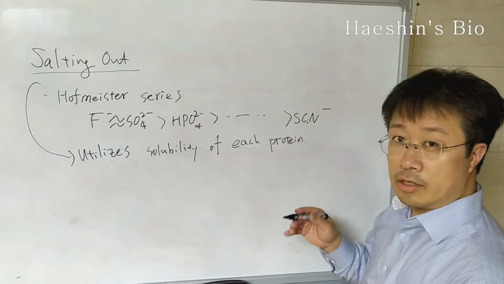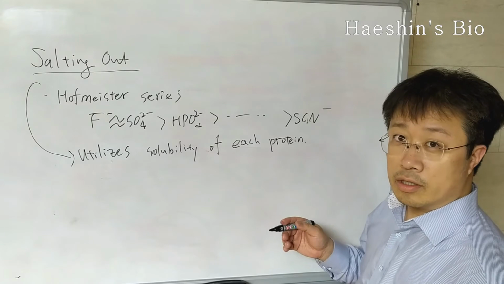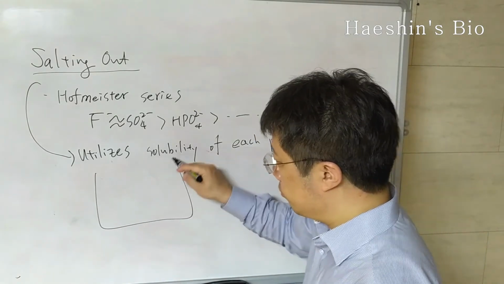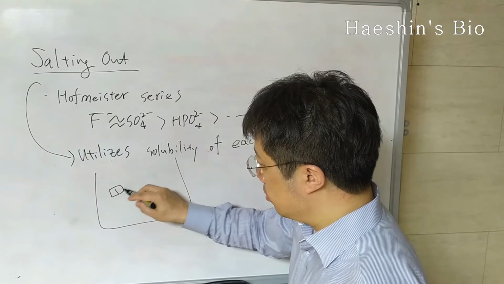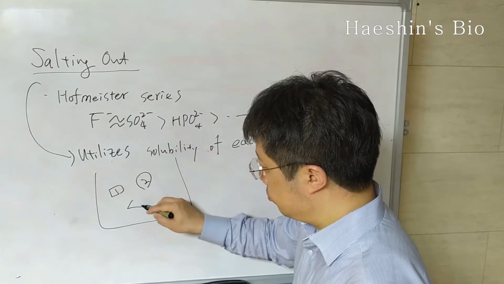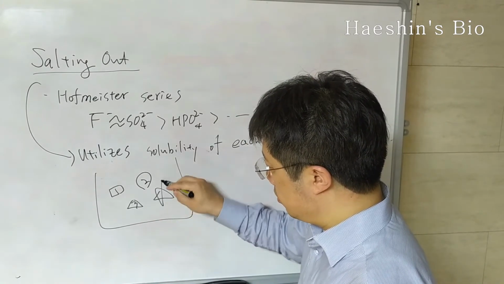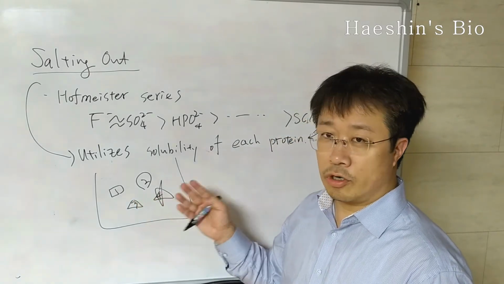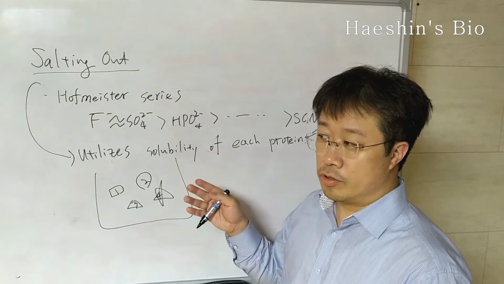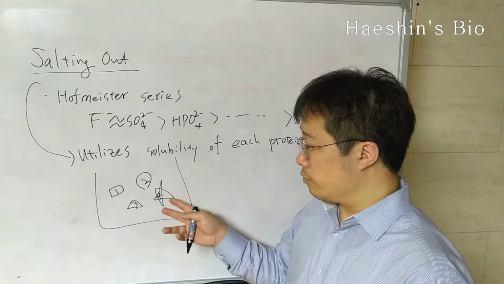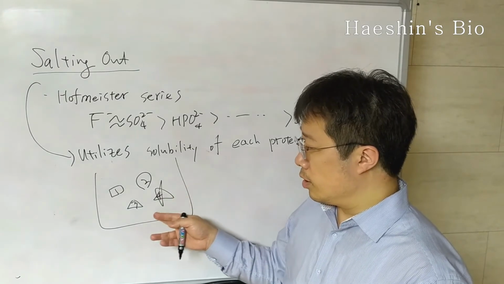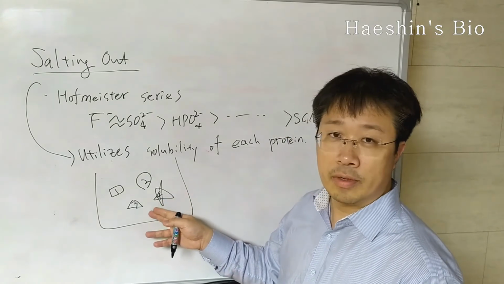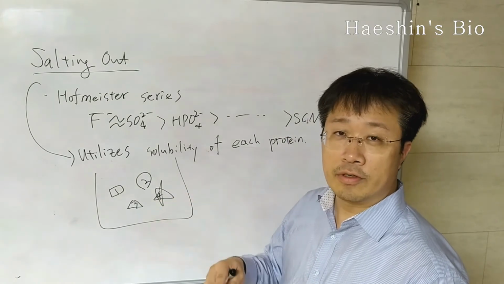All proteins have a slightly different solubility in solutions, right? Say you imagine you have 4 different proteins, number 1, 2, 3, 4. Their size is different, and their surface charge is different, which applies to ion exchange chromatography, and there are a variety of other factors that determine different solubilities.